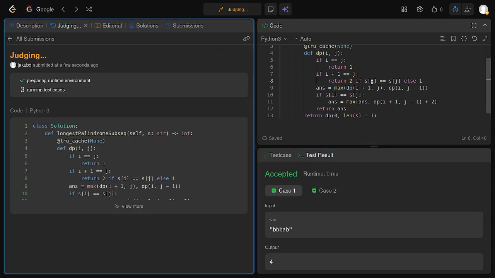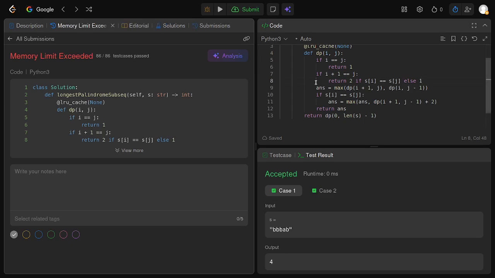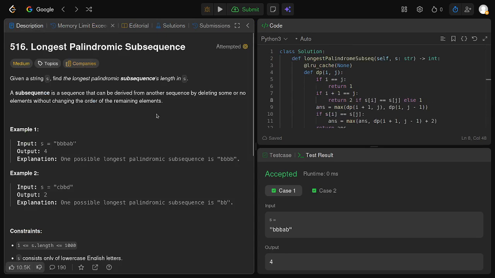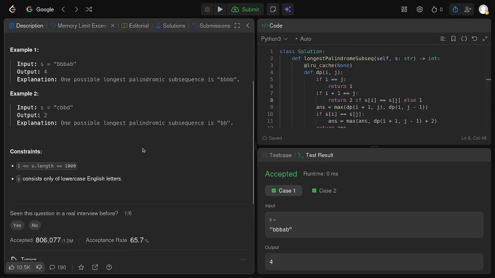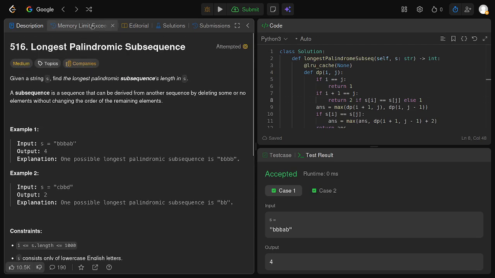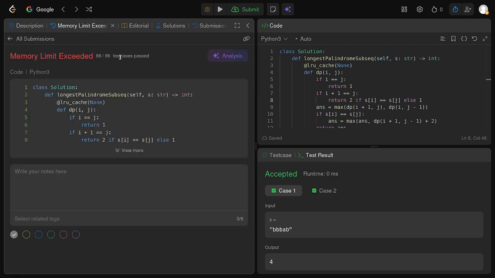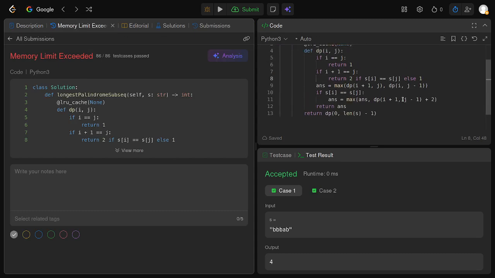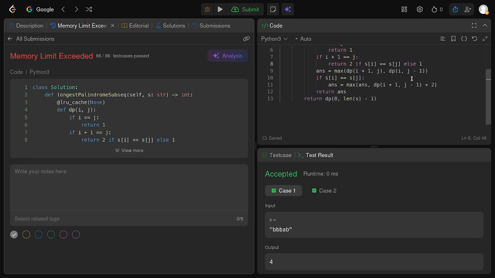Yeah, this should work. Memory limit exceeded. How is it possible when S length is just 1000 and I exceed the limit on the last test case? That's a little ridiculous, don't you think?